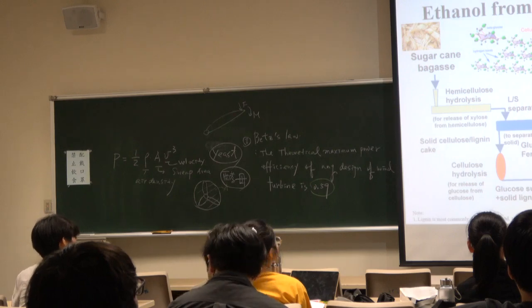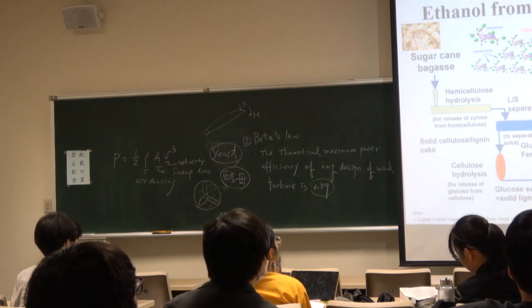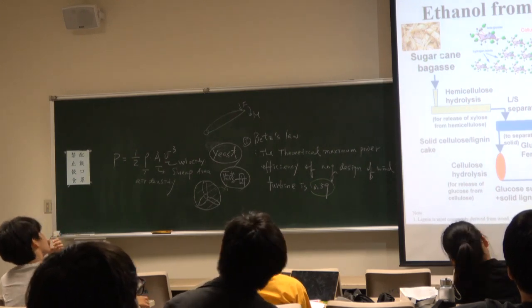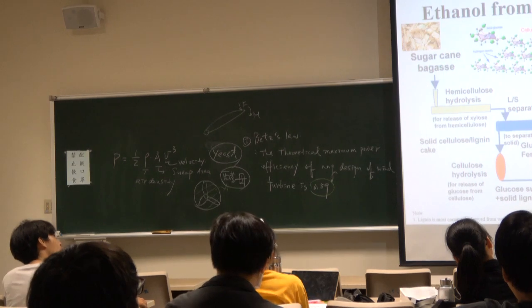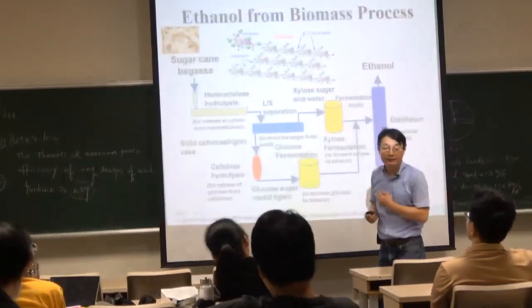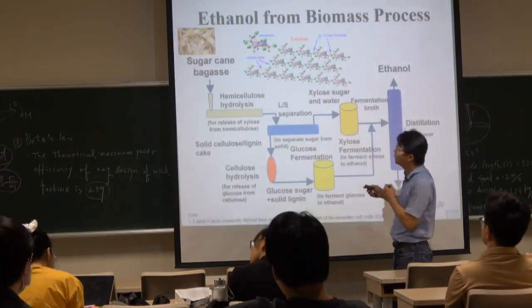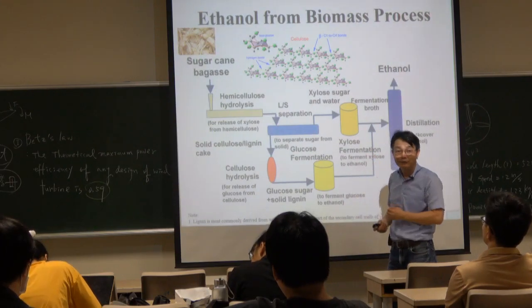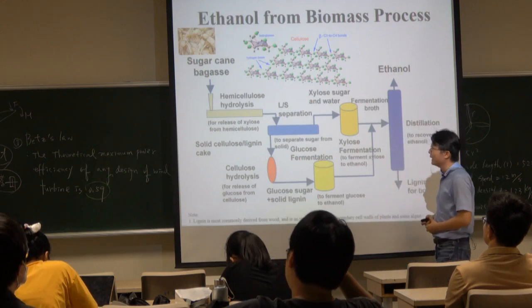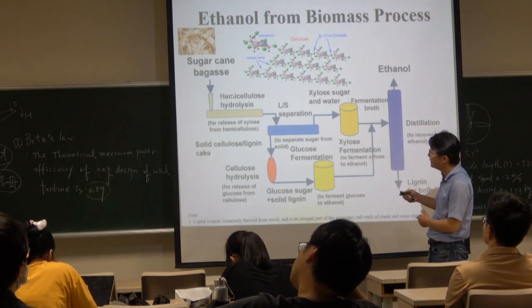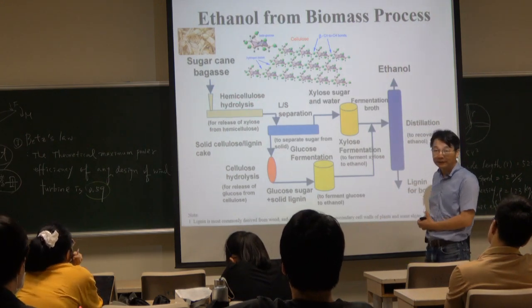You can see, for example, sugar cane. Okay, sugar cane bagasse. Bagasse is the waste. Okay, sugar cane waste. So sugar cane waste you would just have to throw away, right? But sugar cane waste we can collect, and then get the hemicellulose hydrolysis process.